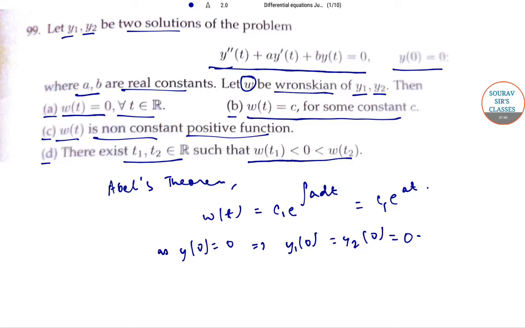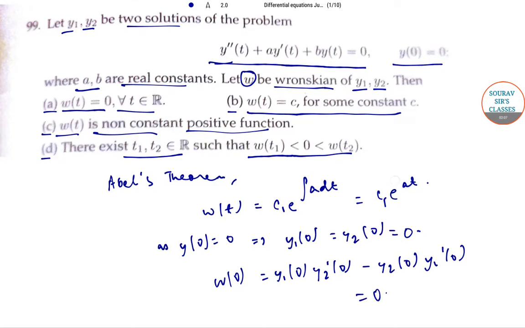Thus, we have W(0) is equal to y1(0) times y2'(0) minus y2(0) times y1'(0), which is equal to 0.